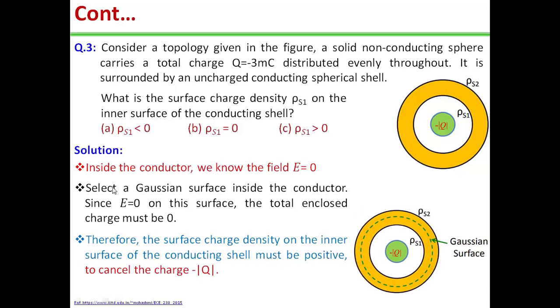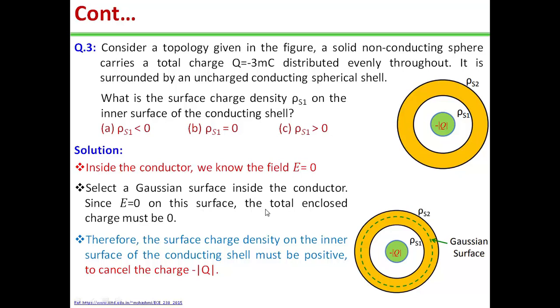Now let us understand why rho S will be positive. For the calculation, select a Gaussian surface inside the conductor. In this figure I have drawn it as the green circle. This is the Gaussian surface over which we want to calculate the total electric flux due to the charges enclosed by that Gaussian surface. Over this conducting spherical shell, we already know the electric field is zero.